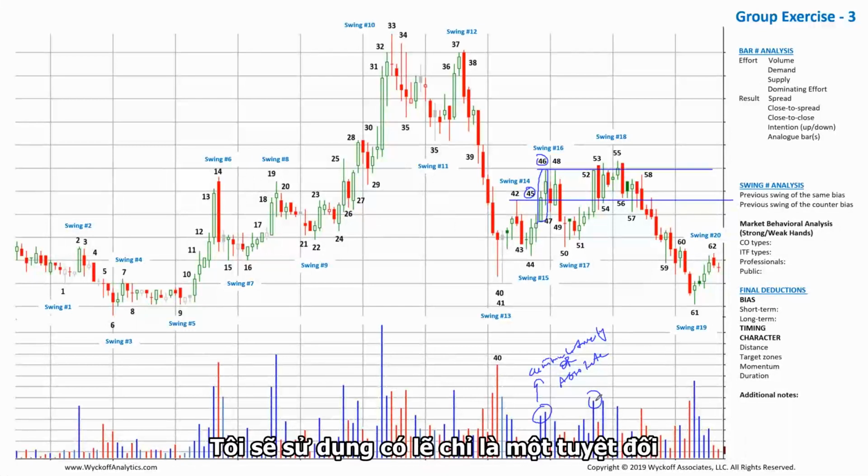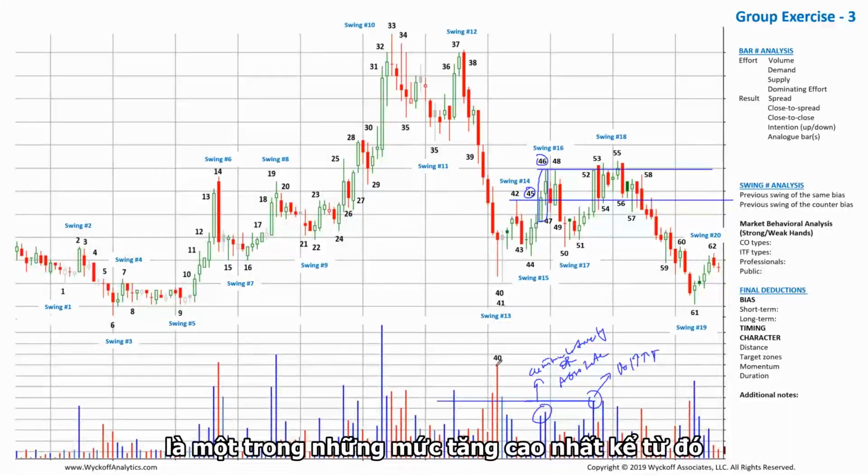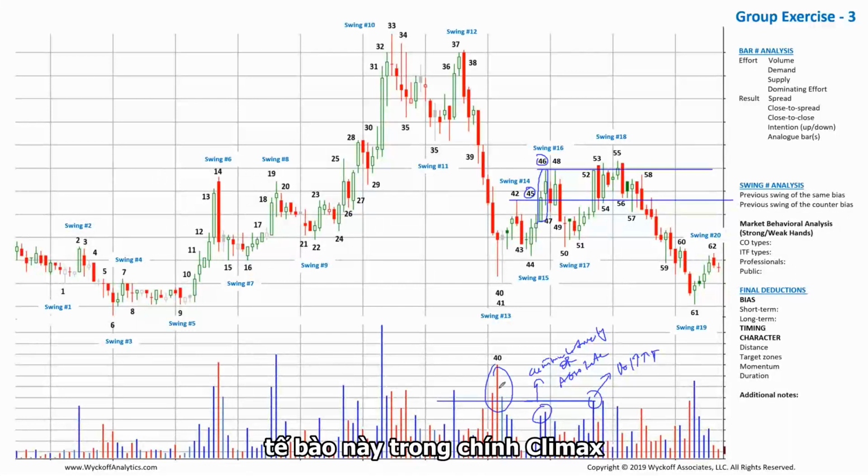But I would use probably just an absolute value. That just tells me that the increase in the volume signature, which is one of the highest increases since the selling climax itself, is most likely carrying a lot of supply. So there is some supply increase.